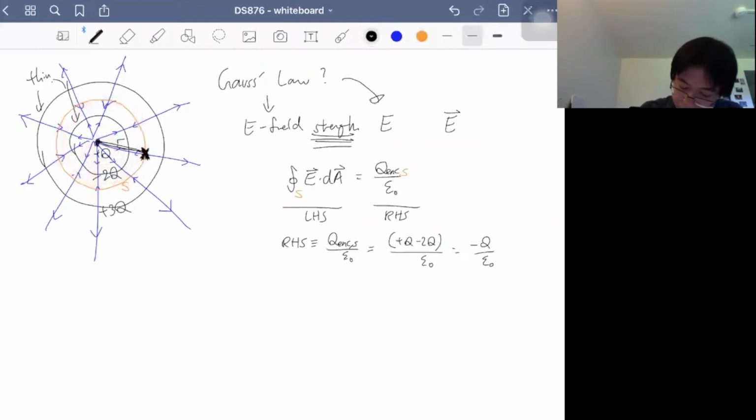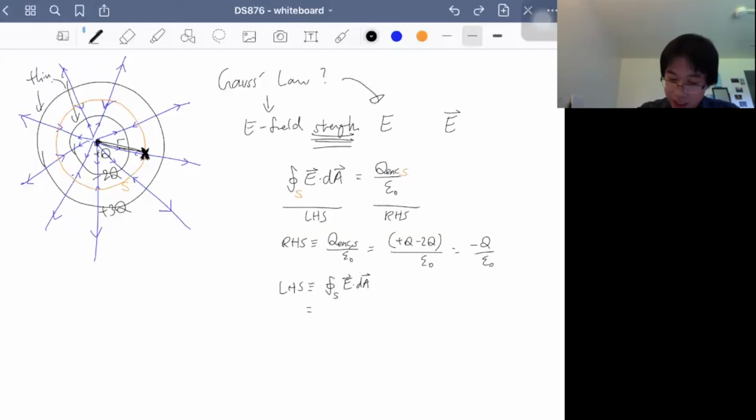All right, how about the left-hand side? Now you can focus your attention on the left-hand side. First step, you copy everything out, and write down what you're integrating over. The textbook doesn't have the S, which is a very bad habit. Anyone who writes down integrals should write down the S, what you're integrating over. So first, there's an area and there's an electric field. What area? What electric field? On S, okay?